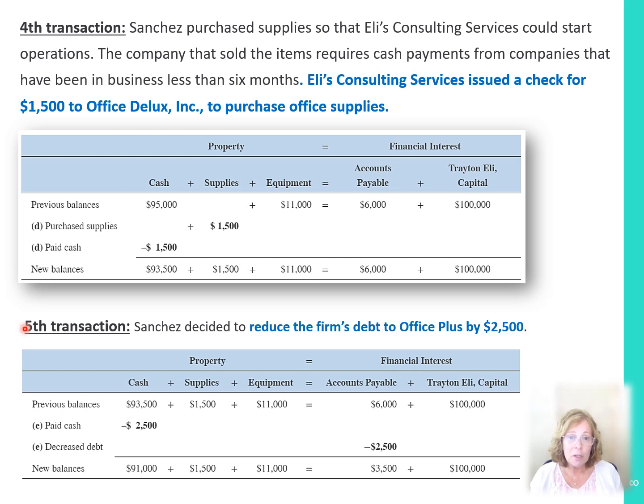Now that Sanchez pays part of the $6,000 that Eli's Consulting owes Office Plus, we need to reduce the accounts payable account, but we also need to reduce the cash. So we deduct $2,500 from cash, and we deduct $2,500 from accounts payable.